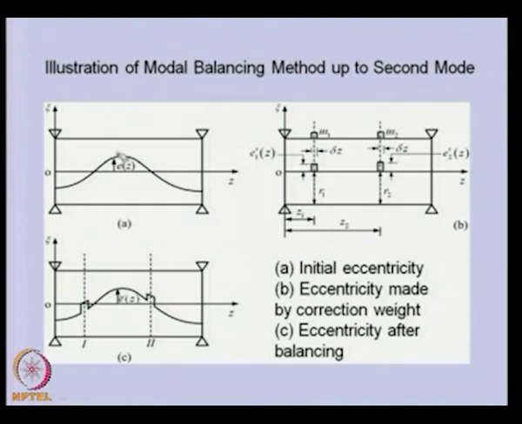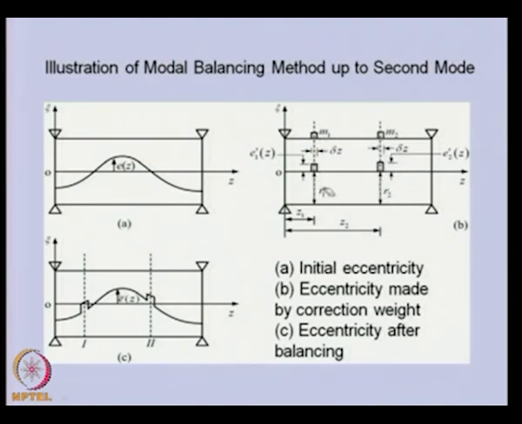So we will be taking two planes. Here is the shaft, and we take plane one and plane two. M1 and M2 are, let us say, the correction masses which we are keeping in these two planes. In this rotor we have not shown the eccentricity; this step-like shape is the eccentricity corresponding to the mass we have put at the outside of the rotor, because the rotor has radius R1 and R2.